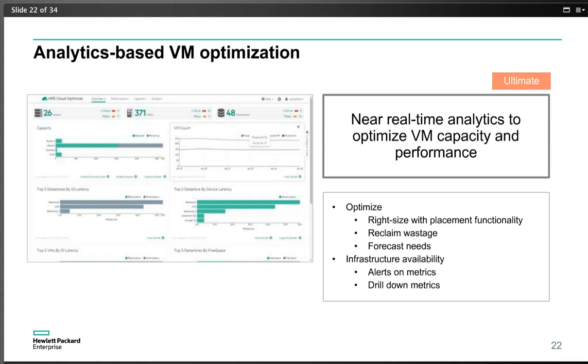As you can see, this is for us a powerful way of leveraging the already captured information and bringing a new kind of agility for IT for its infrastructure. So that's a quick introduction on the ultimate tier.